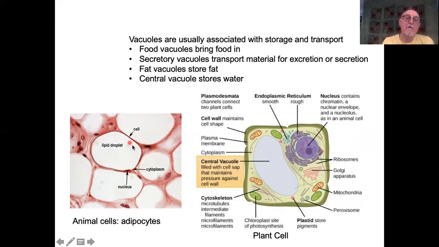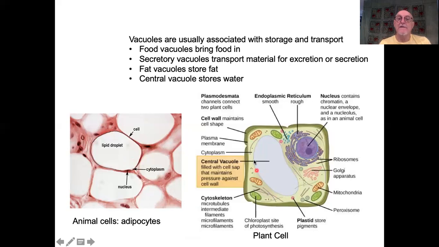It's a single vacuole, and it's filled with this lipid droplet. It's so huge, it's crammed all the cytoplasm to the side of the cell. There's the nucleus here. Thin layer of cytoplasm around the outside of the vacuole, and this whole lipid mass filling the vacuole in the center. So those in animal cells are the adipocytes. It's almost the only very large vacuole that you will see in animal cells.